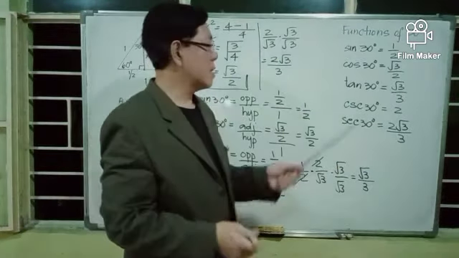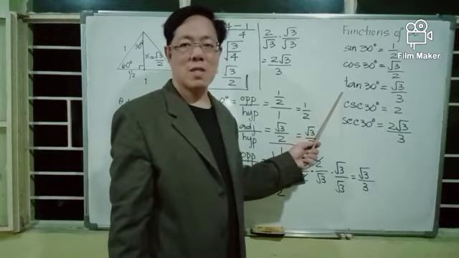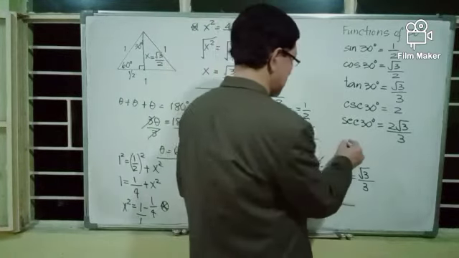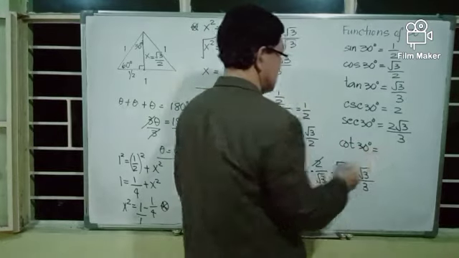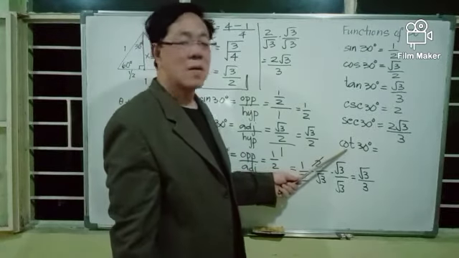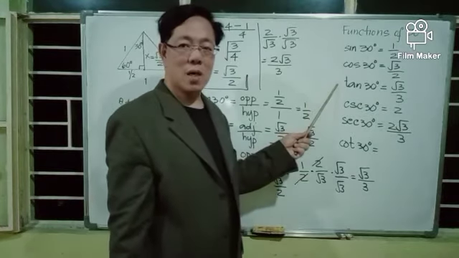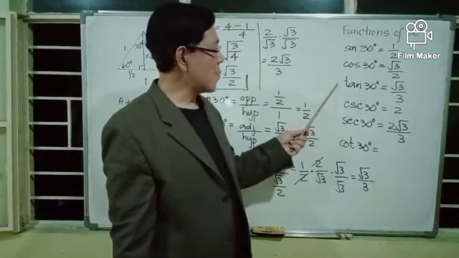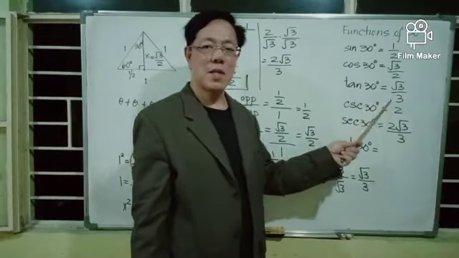Finally, we find the value of the reciprocal of tangent, which is cotangent. The cotangent of 30 degrees is equal to the reciprocal of the value of tangent of 30 degrees, which is equal to square root of 3 over 3.